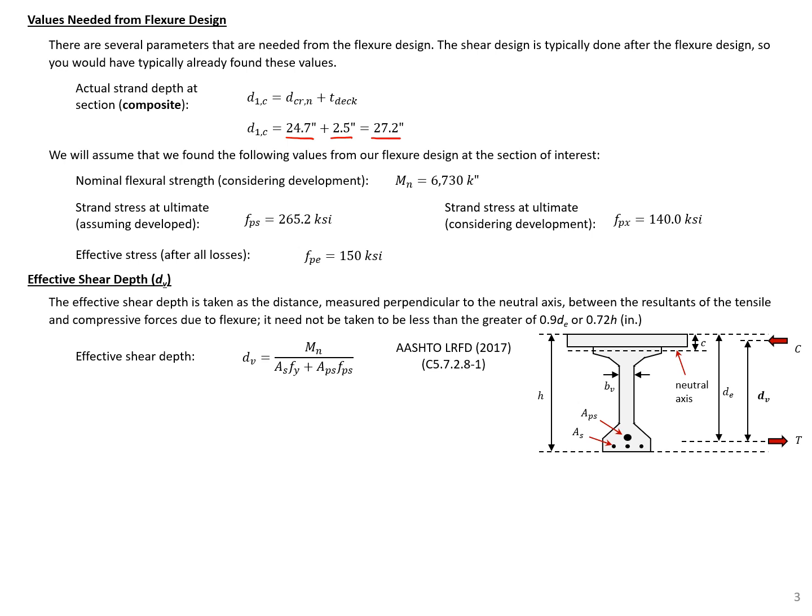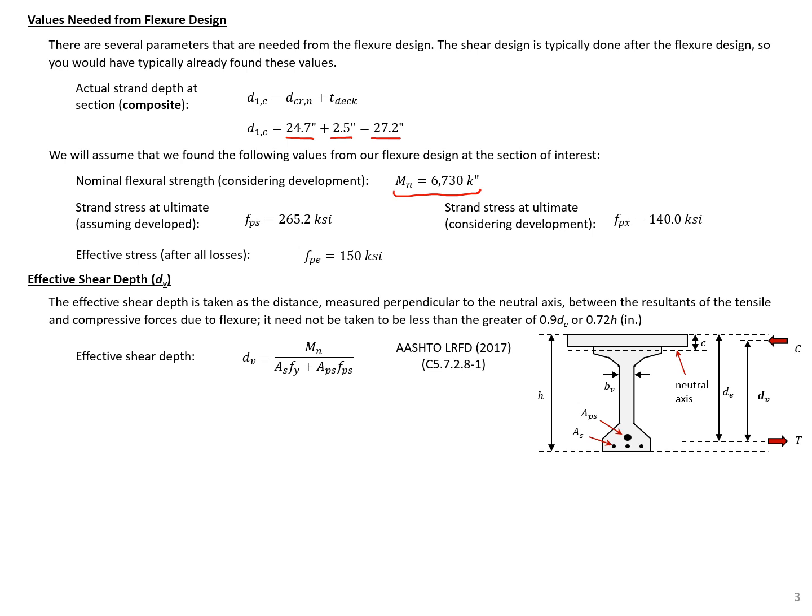For AASHTO, we need a couple values that we would get from our flexural design. So I'm just going to give those to us at our section of interest. Our nominal flexural strength I'm giving us as 6,730 kip-inches at our section 24 inches from the bearing, or 24 inches from our left support.